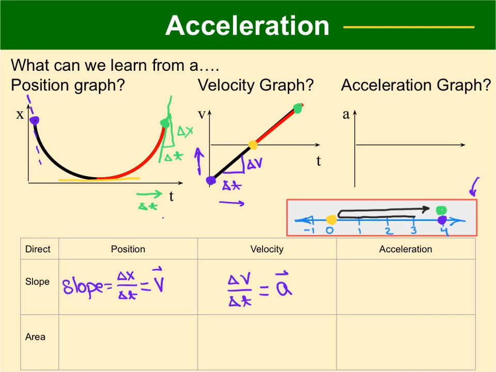Finally, our acceleration, we note over here that our acceleration is always a positive slope in this black section of time. And then again, when we come down here during the red section of time, again, we always have a positive slope, which implies positive acceleration.